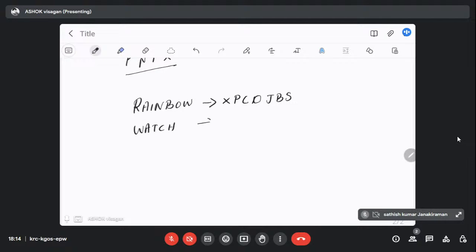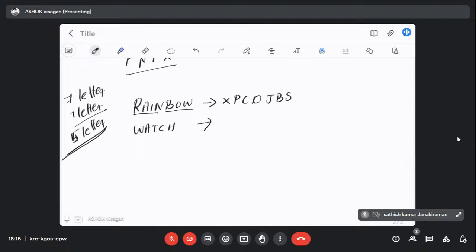So if you see this, the given word is a 7-letter word, and the coded word is also 7-letter. But they are asking us to find out a 5-letter word. If it is like that, sometimes it will be very difficult, but in most cases it will be very, very easy.